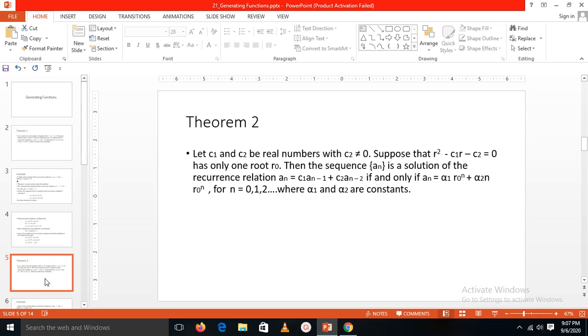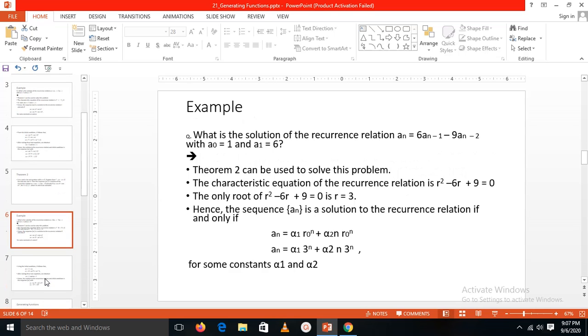Then, using this second theorem, we see our next example. The question is: what is the solution of the recurrence relation an equals 6an minus 1 minus 9an minus 2, with initial conditions a0 equal to 1 and a1 equal to 6?